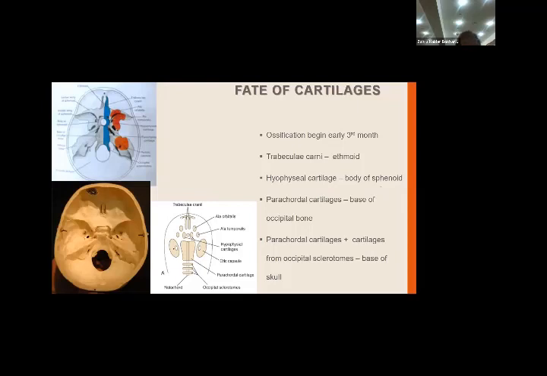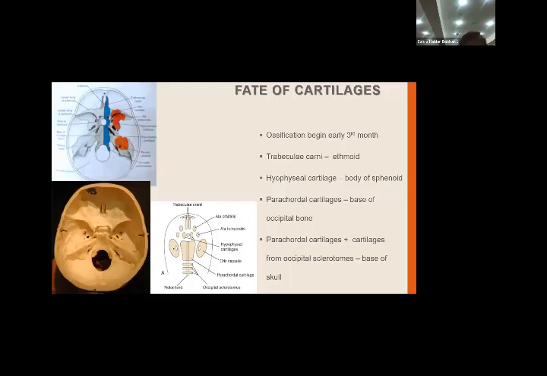Now let us discuss the fate of each one by one. The ossification in these bones starts in the third month. We are still talking of the bones that develop from intracartilaginous ossification.